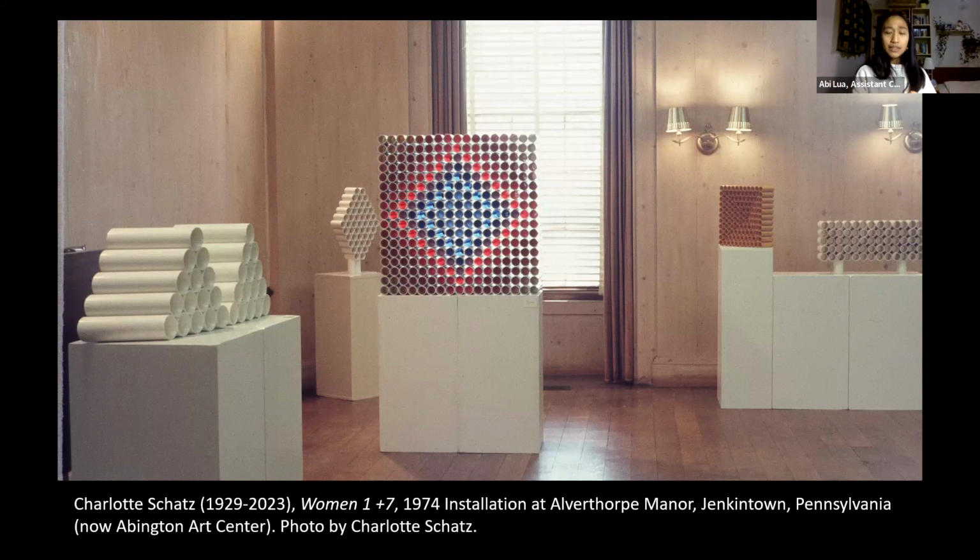She would cut out color filters and place them at one end of a PVC pipe. As you can see in the middle sculpture, it creates this beautiful, almost like another 2D work in itself within a sculpture. So Schatz experimented with such a wide range of materials.